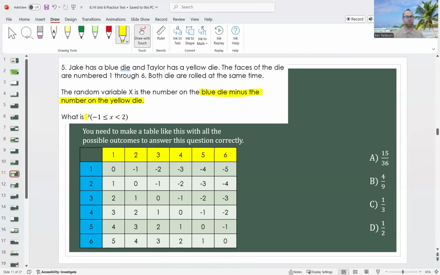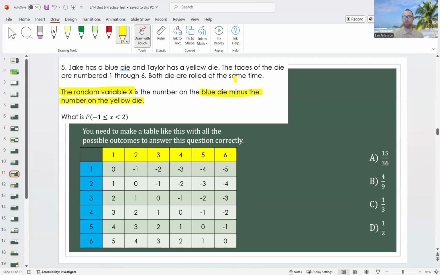Okay? And they want to know the probability of this. We don't even need to worry about that first. First thing we need to do is make a table. Okay? You should know how to make this table. I've already made it for you. And my question for you is, do you know where all these values come from? These are all the values of the random variable x, which is found by doing what?